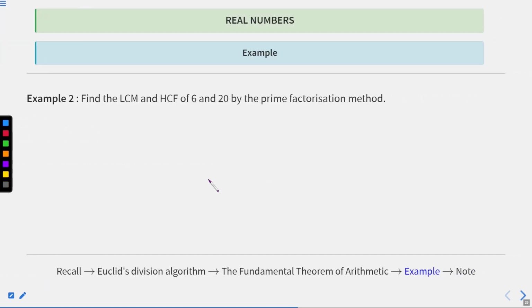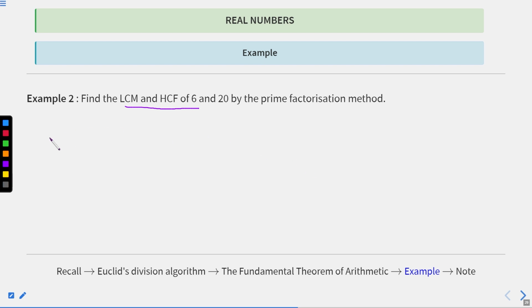Now let us find the LCM and HCF of 6 and 20 by the prime factorization method. Without using the prime factorization method, we can easily find the LCM and HCF also, but here we use the prime factorization method.